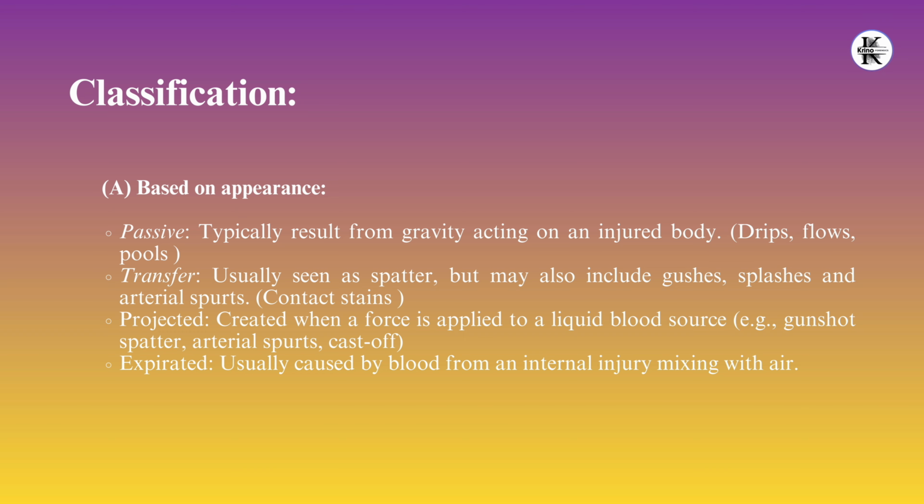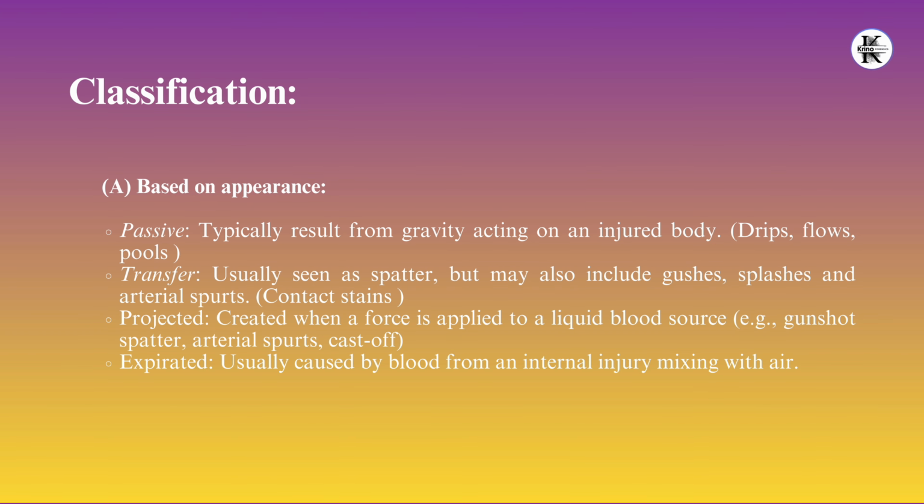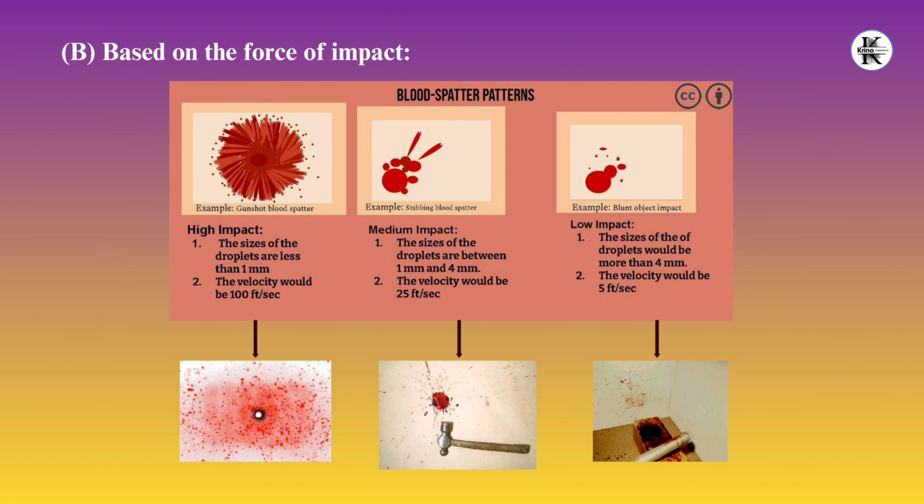Third, projected stains. They occur when a force is applied to blood, such as gunshot spatter. And the last one is expirated stains, which occur when blood from internal injuries mixes with air, often seen in coughing and breathing.